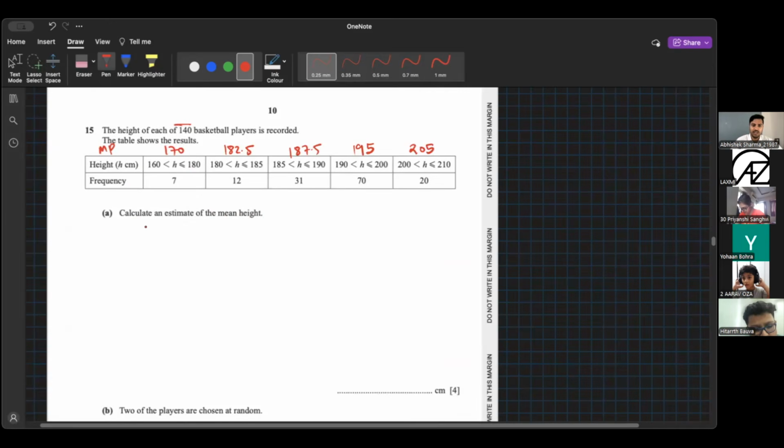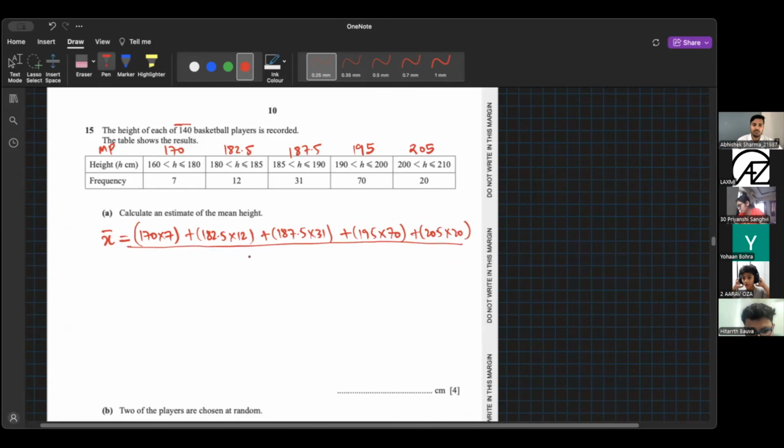205. Right? So mean is going to be 170 into 7 plus 182.5 into 12 plus 187.5 into 31 plus 195 into 70 plus 205 into 20, whole divided by 140. Let me check.